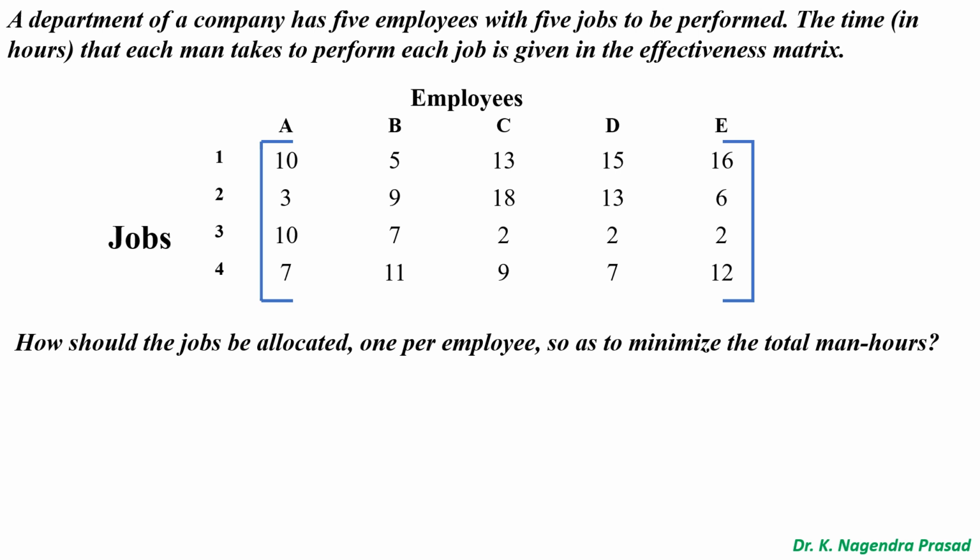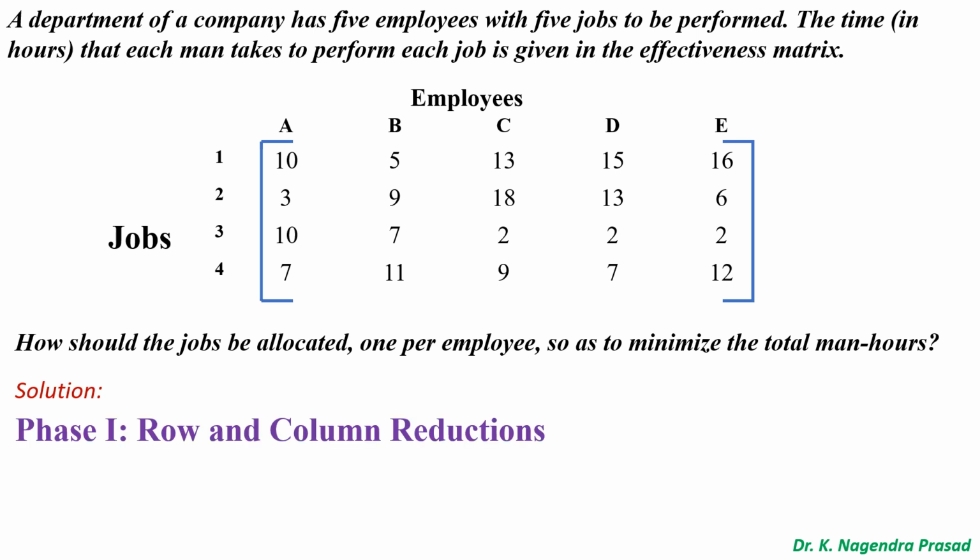Here we are given the 5 jobs A, B, C, D, E and 5 employees 1, 2, 3, 4, 5 respectively. So the number of rows and the number of columns are equal to 5. Then the given assignment problem is balanced. Let's see the solution.